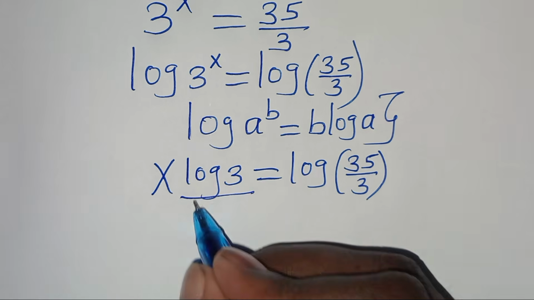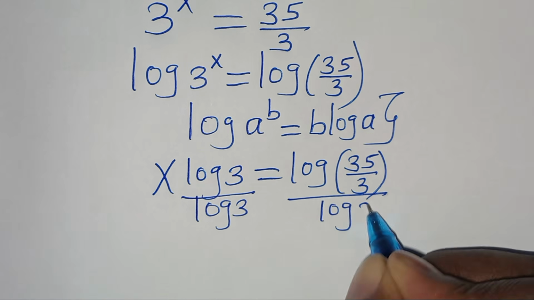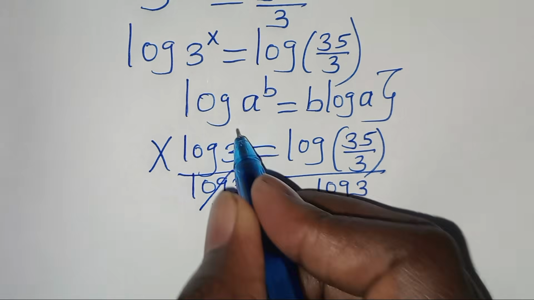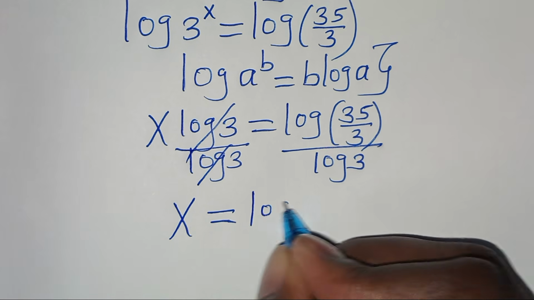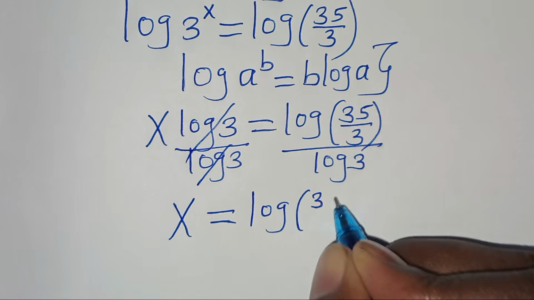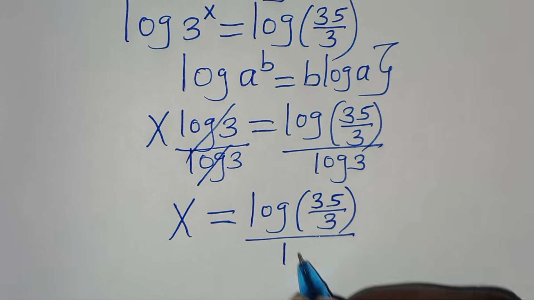Let's divide both sides by log 3, and also here we have log 3. So let's divide by log 3, so that we have x is equal to log 35 divided by 3, then divided by log 3.